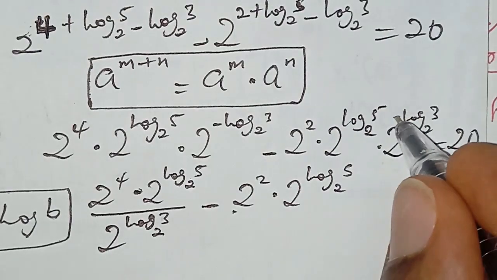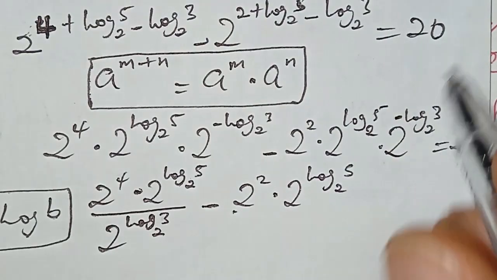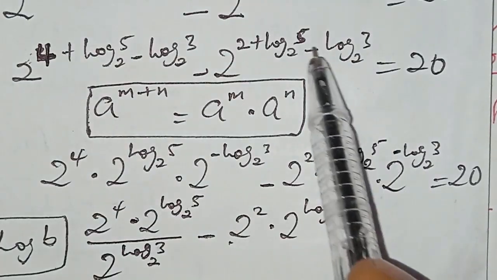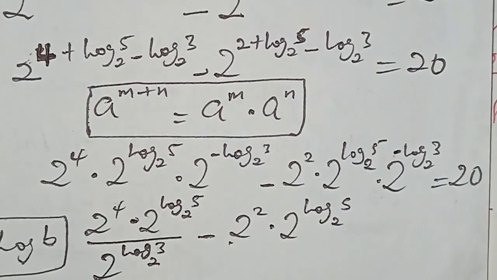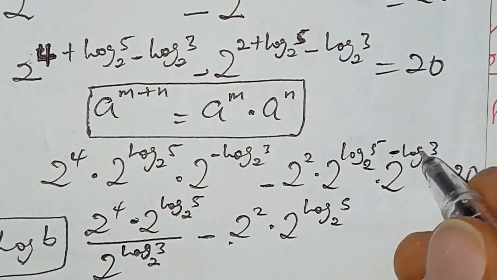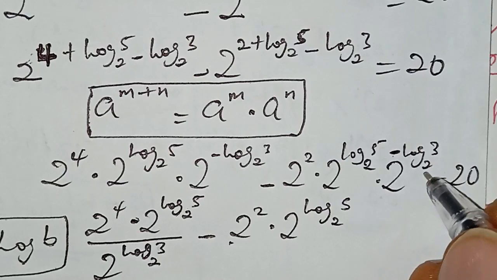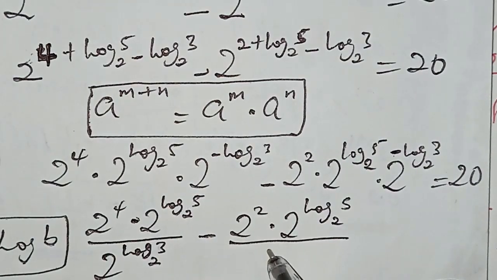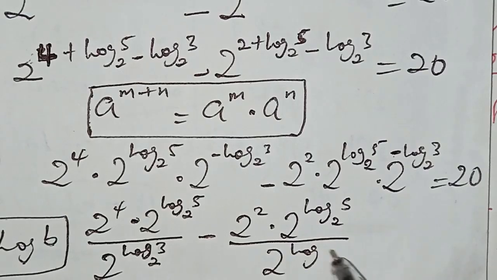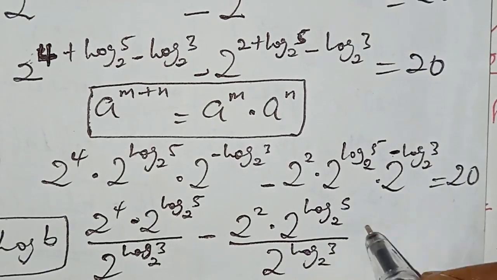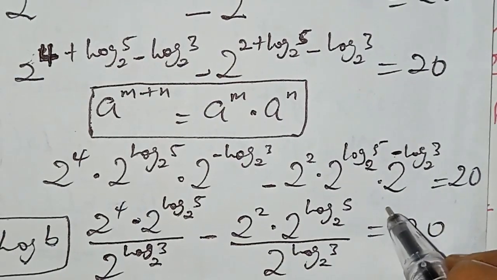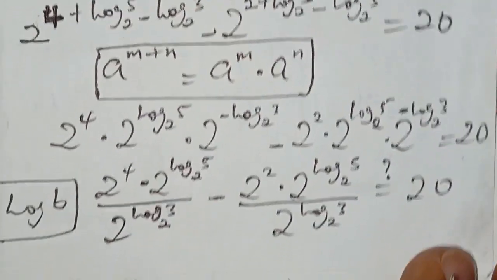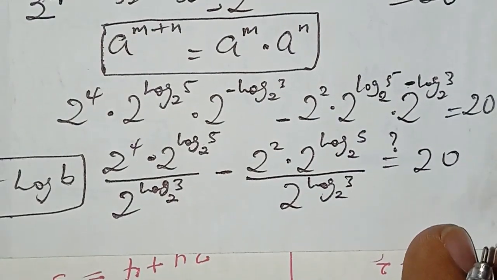Then this as well is a negative when we consider this from here. So this will be negative, so minus raised to power minus log of 3 base 2. So we bring that to the denominator here as well, 2 raised to power log of base 2, 3, equal to 20. Will that be so?